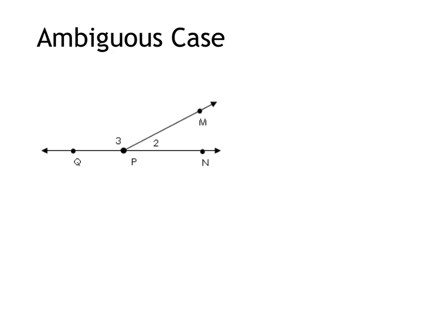Now in this example, let's say that we wanted to name this angle right here. Would it be acceptable to call it angle P? Well, P is the vertex. However, it's also the vertex of this angle right here. And oddly enough, P is also the vertex of this straight line, or this straight angle, going from Q to P to N. So P is the vertex of the angle on the left, the angle on the right, and this entire straight angle.